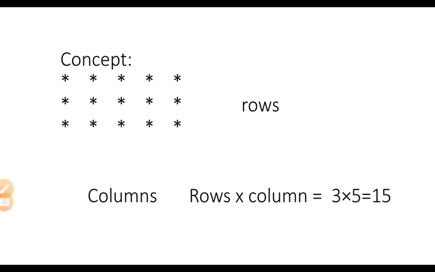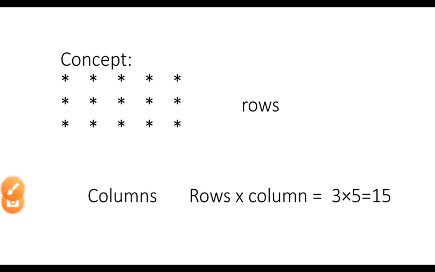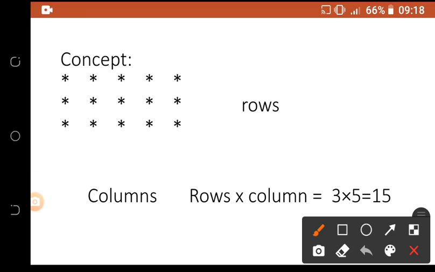Alright, now I'm going to do something to show you what rows and columns are. Now look at this. Yes, the horizontal lines, there are 3 of them.